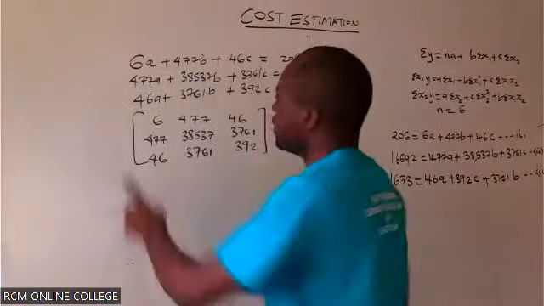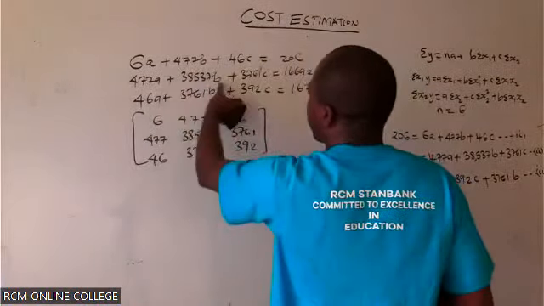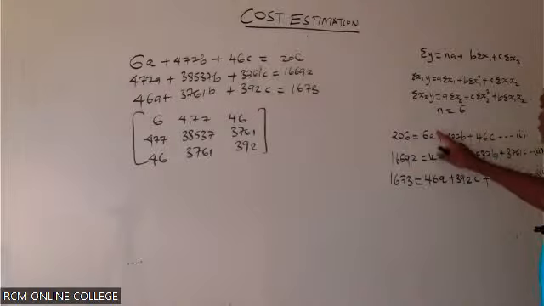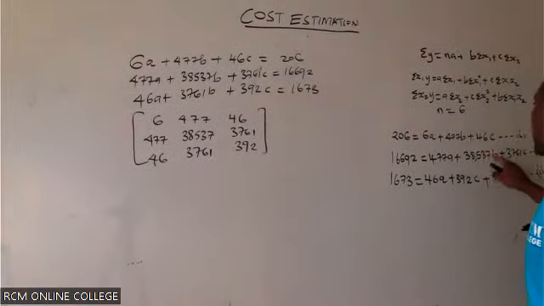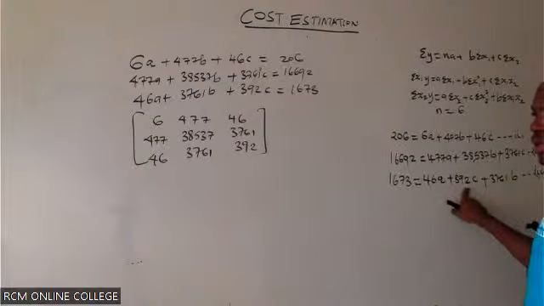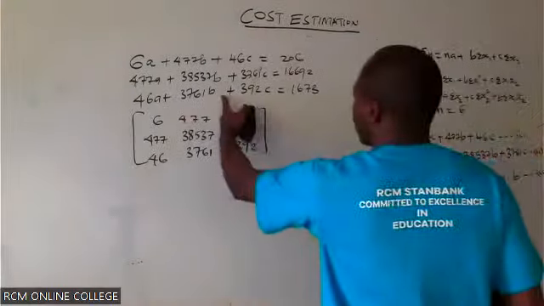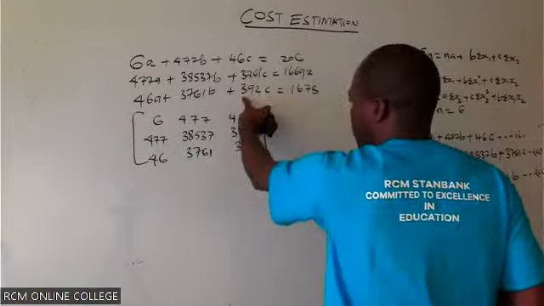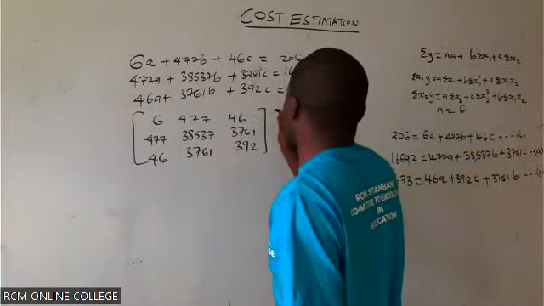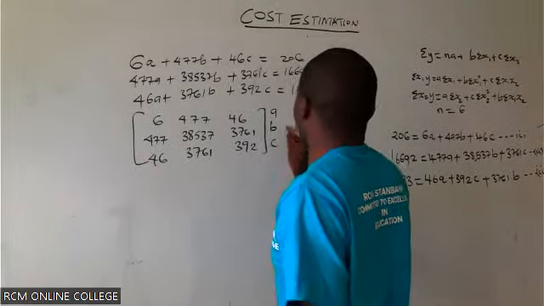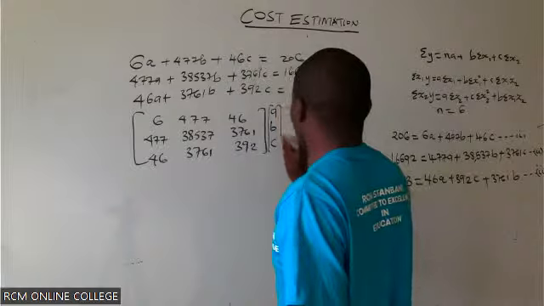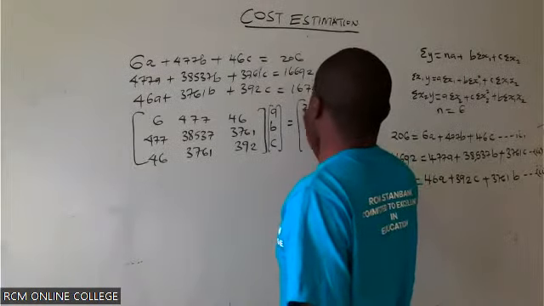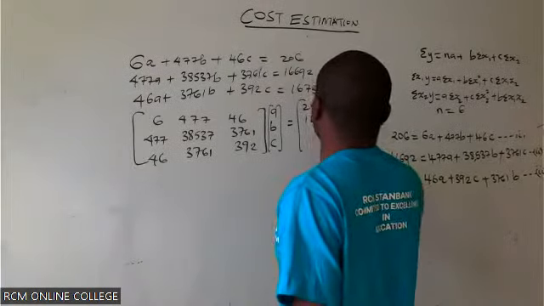Remember the pattern now: it is A, B, C, A, B, C, A, B, C. That's why I've rearranged it, because in the first column here I have A all through, then B, then C, so that I can come here and say it is A, B, C. All of this I equate to the results that we have there, which is 206, 16,692, then 1673.